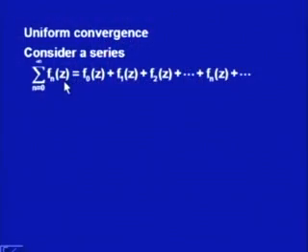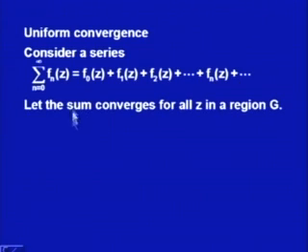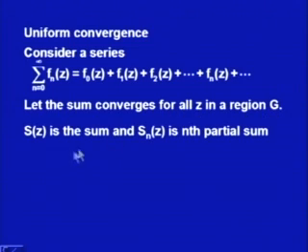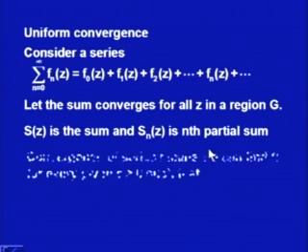So, to define uniform convergence, consider a series of functions of z, summation n equal to 0 to infinity f n z, which is f 0 z plus f 1 z plus f 2 z plus f n z and so on. So, this series is considered. Let the sum converge for all z in a region G, and S z be the sum of this series and S n z be the nth partial sum of this series.